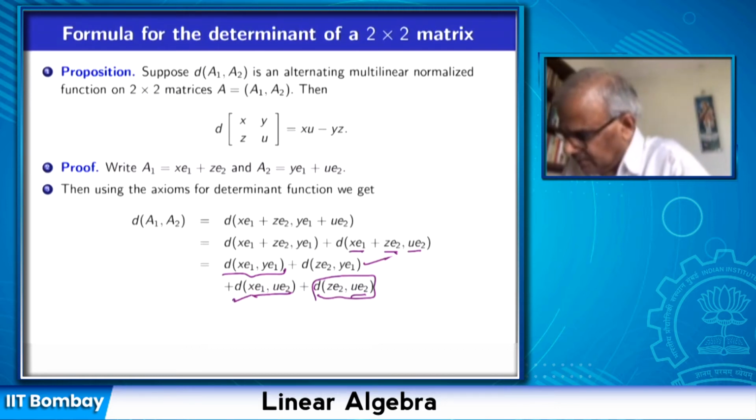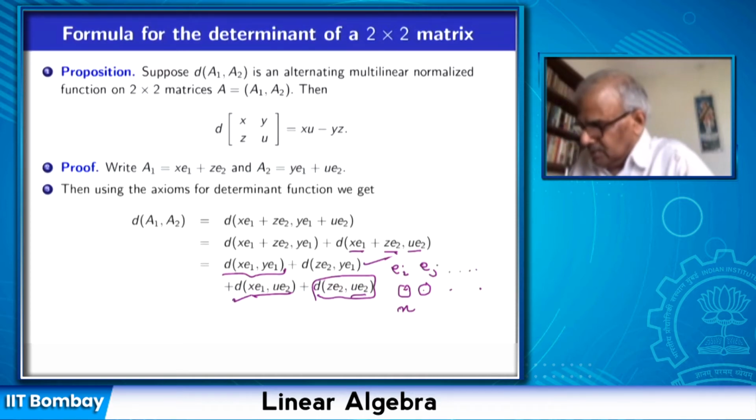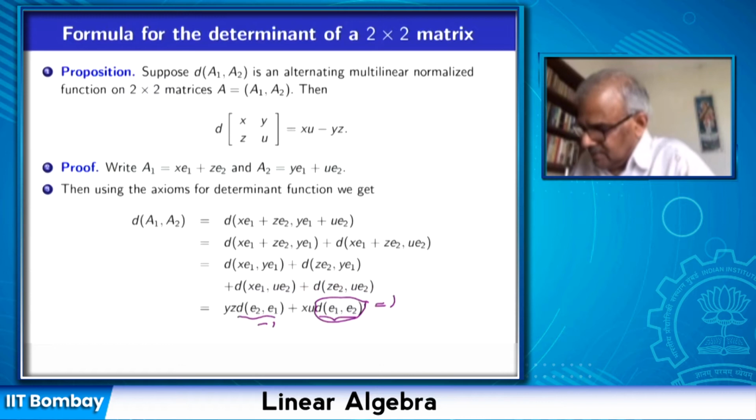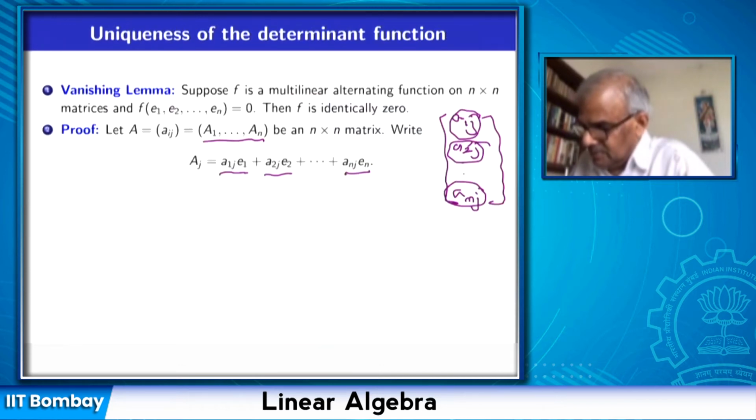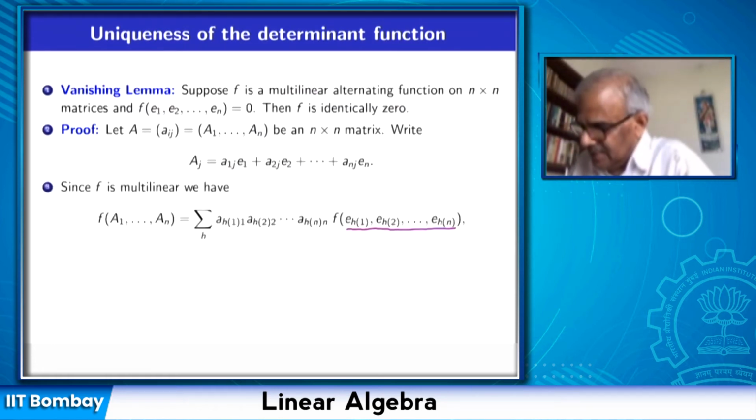So if I have n terms, this can be written in n ways. I can choose any ei here. Similarly, here I can put any ej, and so on. So when I expand, once I put each column vector as a linear combination of e1, e2, en, I can use multilinearity, and at the end I get a sum of this type.